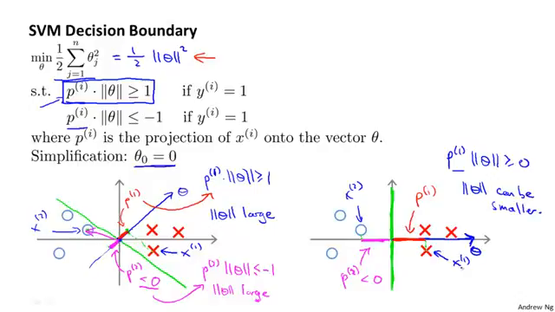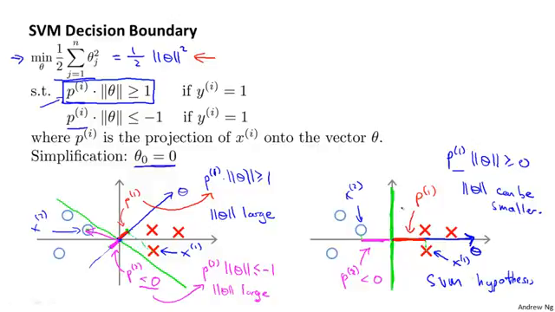And so what this means is that by choosing the decision boundary shown on the right instead of on the left, the SVM can make the norm of the parameters theta much smaller. So if it can make the norm of theta smaller, and therefore make the squared norm of theta smaller, that is why the SVM would choose this hypothesis on the right instead. And this is how the SVM gives rise to this large margin classification effect.